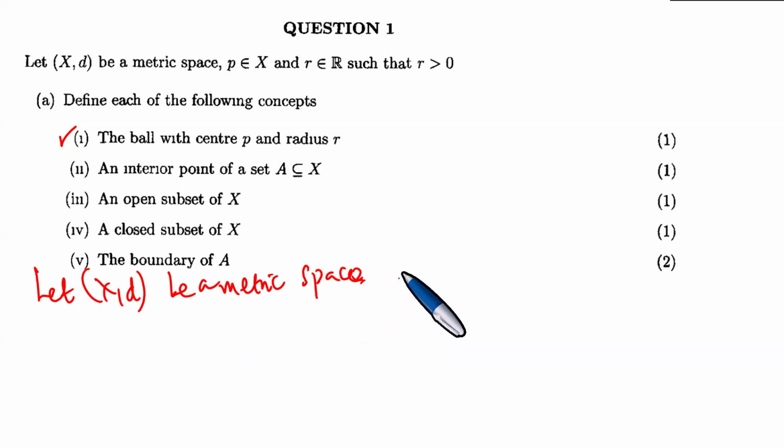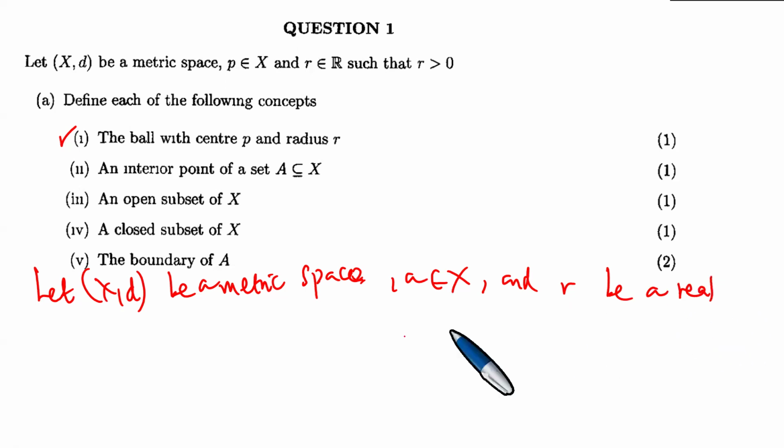So let (X, d) be a metric space, take a to be a point in the space X, and r be a real number with r positive.